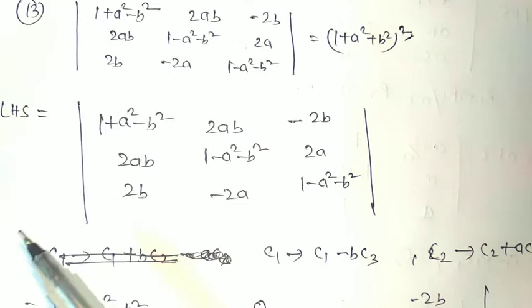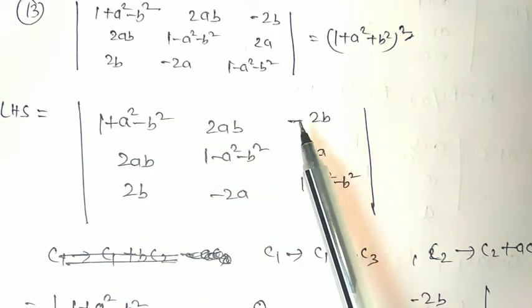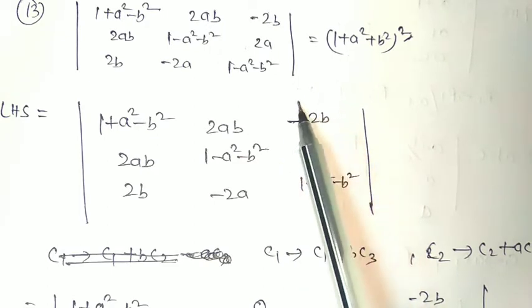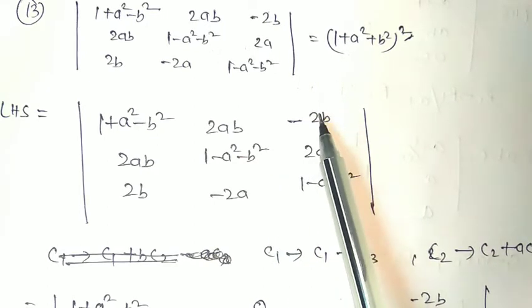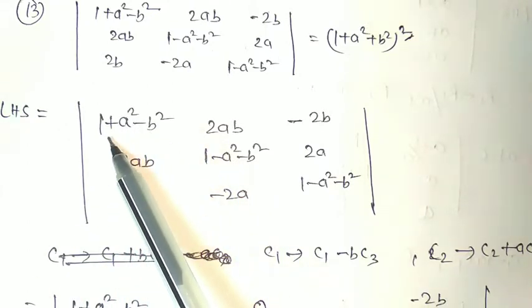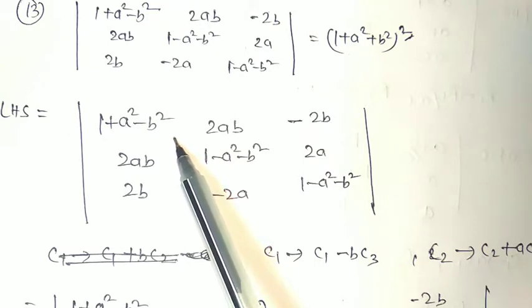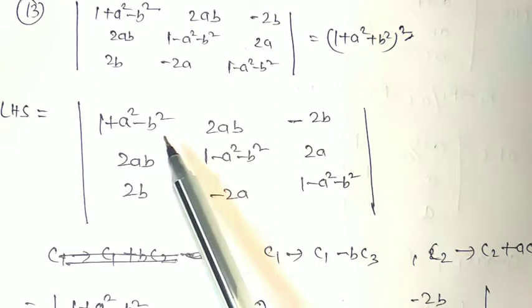For the first column, we multiply column third by minus b and add it to the first column. Now 1 plus a square minus b square plus 2b square is equal to 1 plus a square plus b square.